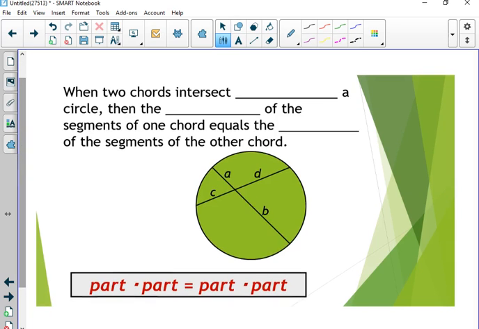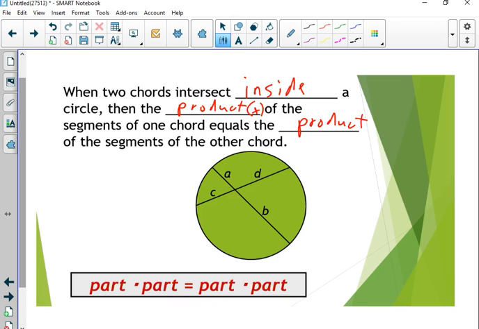When two chords intersect inside a circle, then the product of the segments of one chord equals the product of the segments of the other chord.